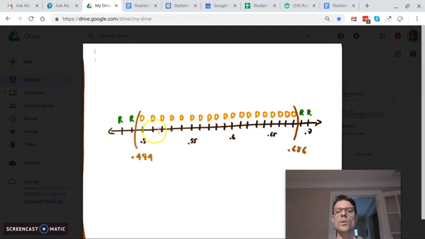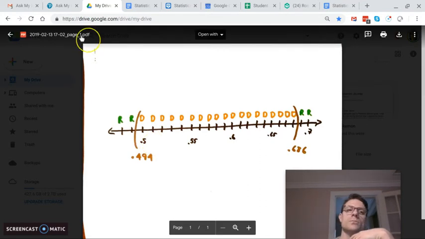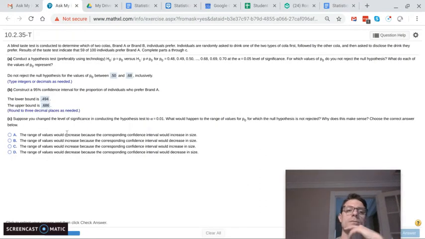For all these values, we do not reject in the middle here, and the null hypothesis, 59, is right in the middle of this. My scale gets a little smaller as I move to the right on the paper because I was running out of room, but that should be directly in the middle. The confidence interval at 95% is the same as the hypothesis testing at 5% significance.